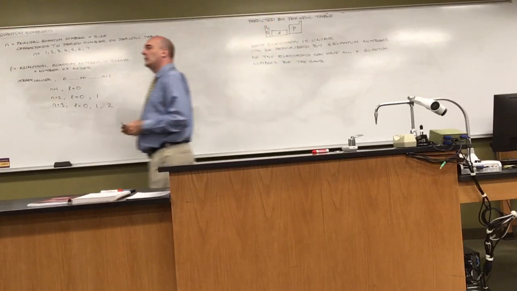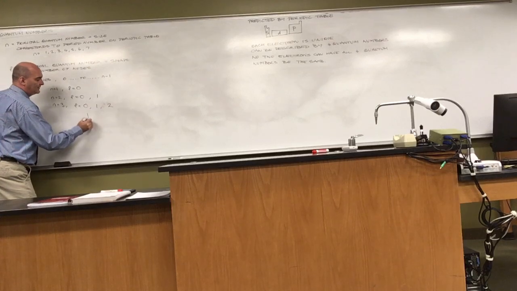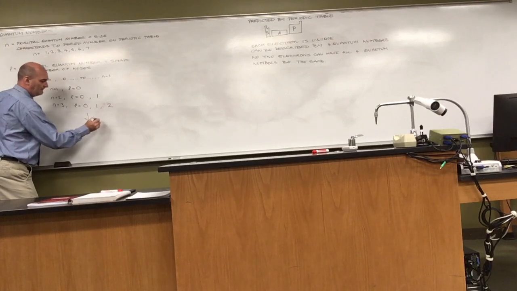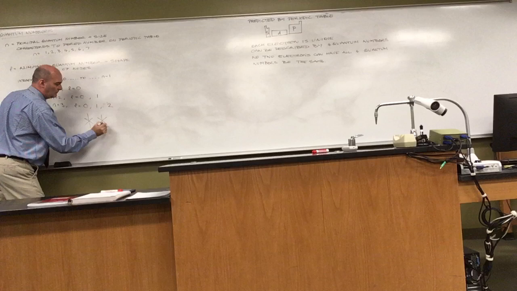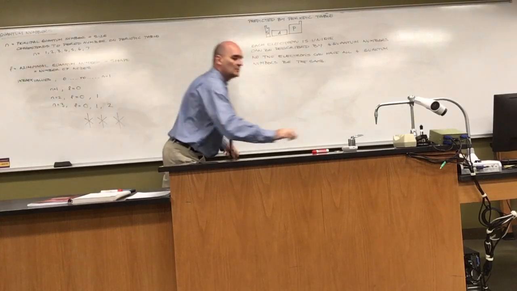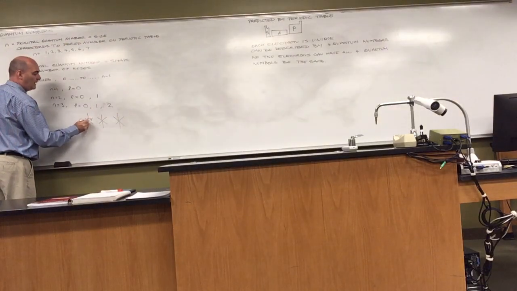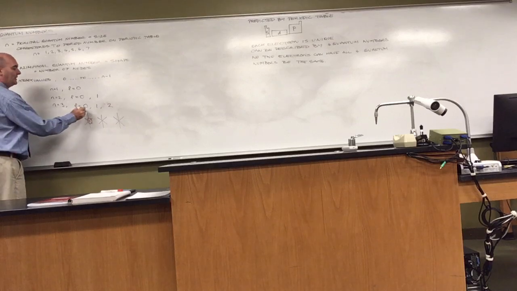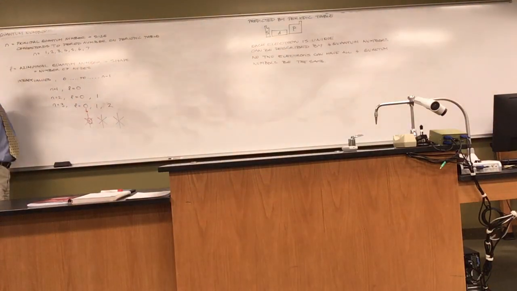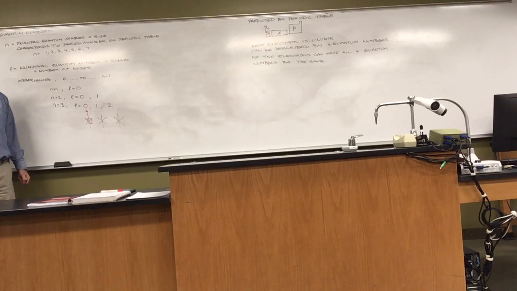Here's where looking at the number of nodes is going to mean something for us. When L equals 0, you're an s orbital, just a sphere around the origin. There is no node, it's just a ball.